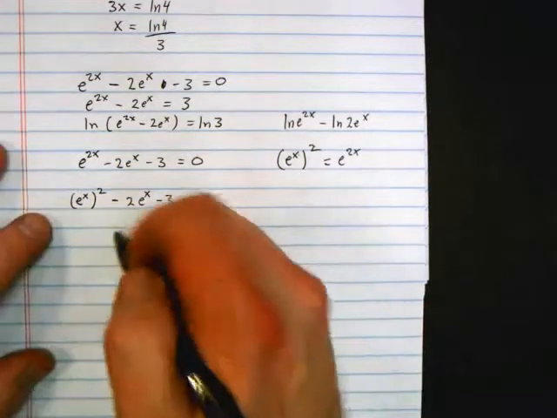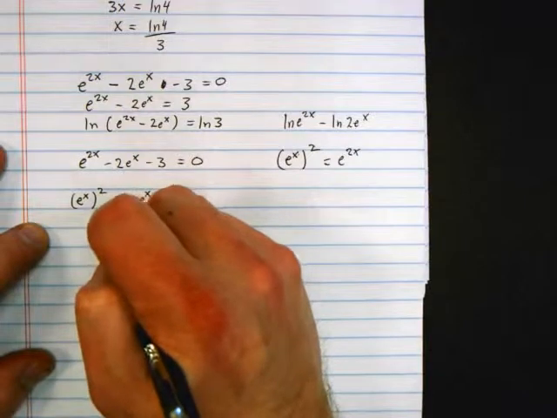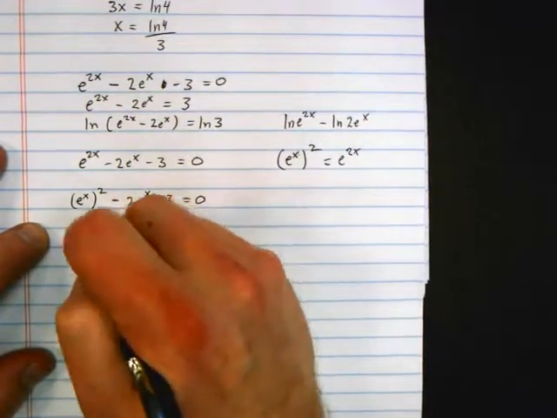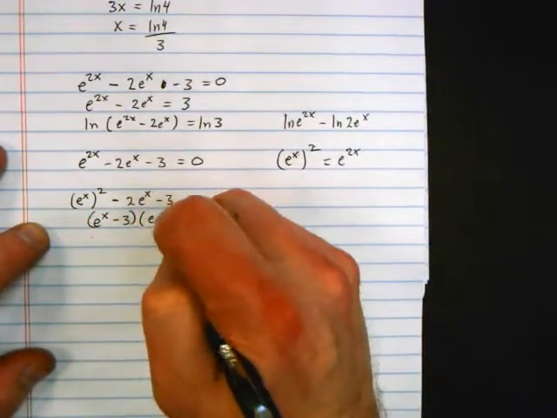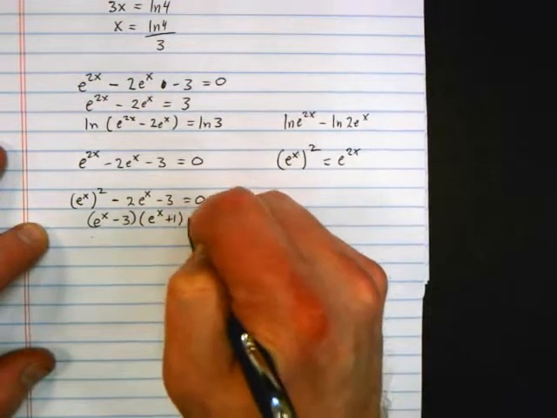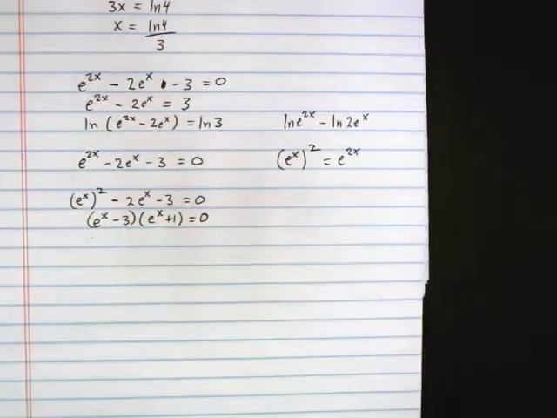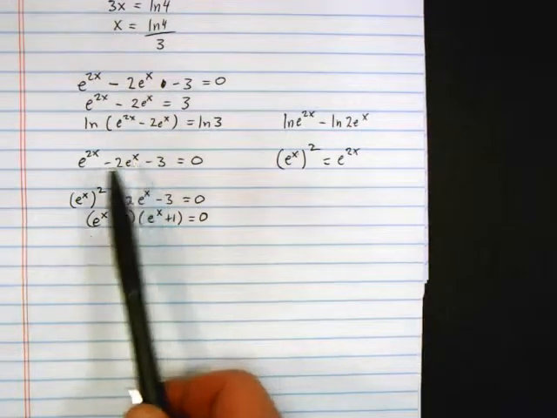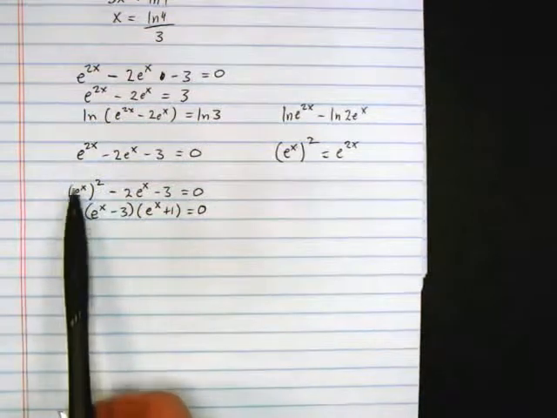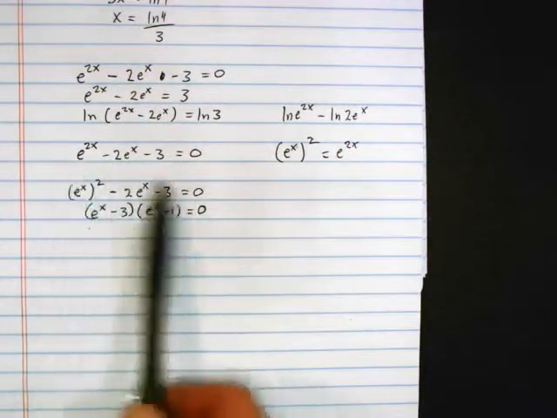So this is going to factor as e to the x minus 3 times e to the x plus 1 equals 0. See, I told you this was a hard one. That's a weird sort of factorization that you don't usually see. You don't usually think of e to the x being squared to get an e to the 2x, and then that this is really a quadratic equation in disguise.